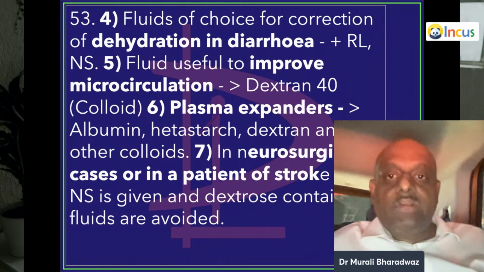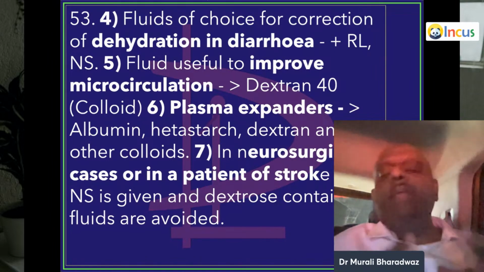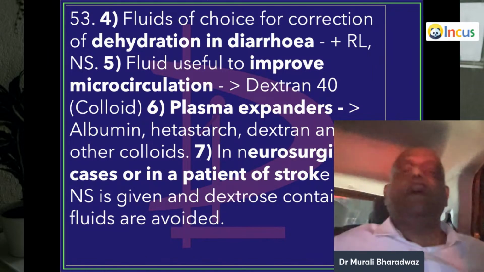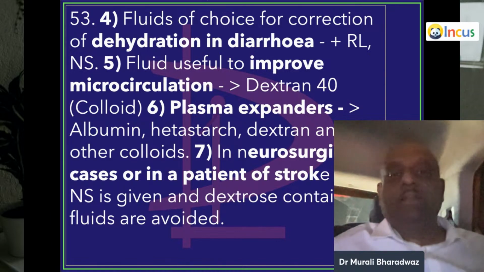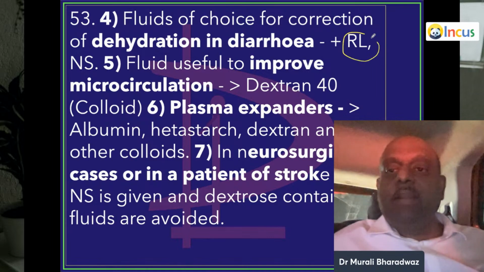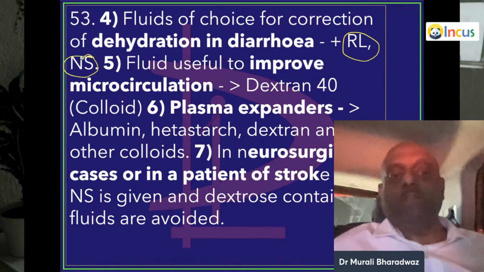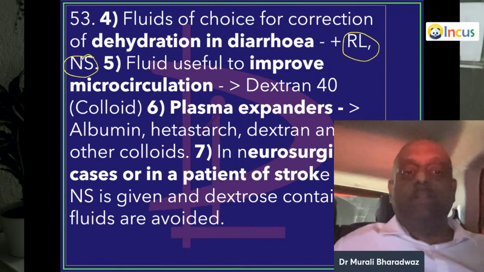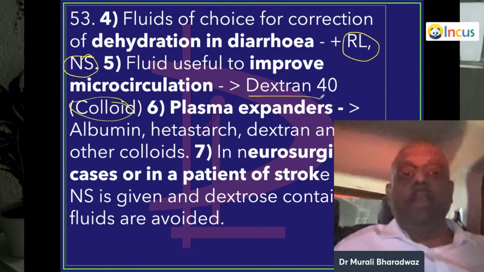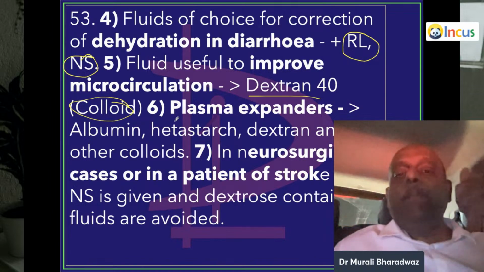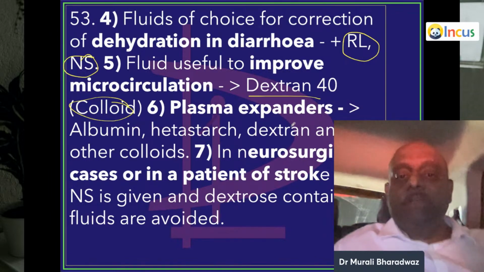Yes. So, what are the various fluids of choice for correction of dehydration in diarrhea? Always remember ringer lactate, normal saline, they are the fluids of choice. If you want to improve the microcirculation, then we need to use colloid. Dextran 40 is an example of a colloid. Then what are the plasma expanders, doctor?